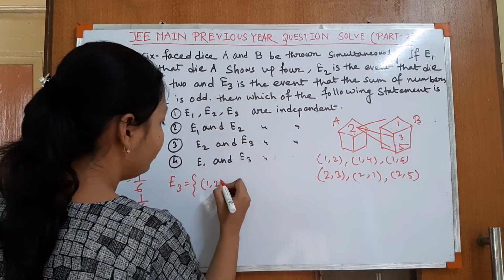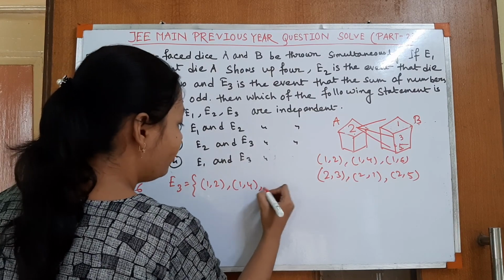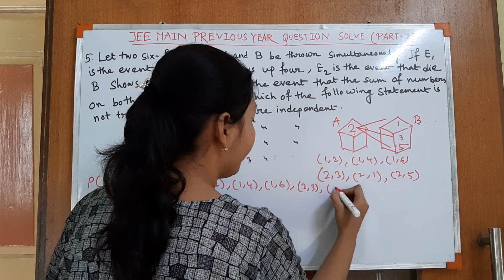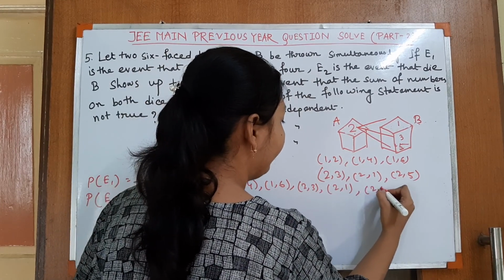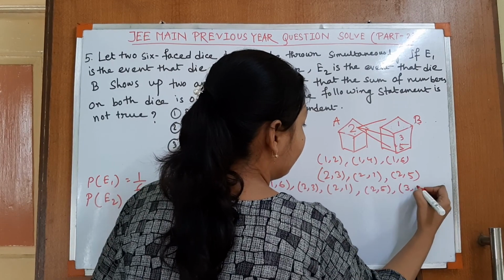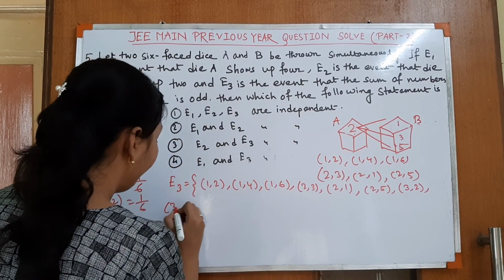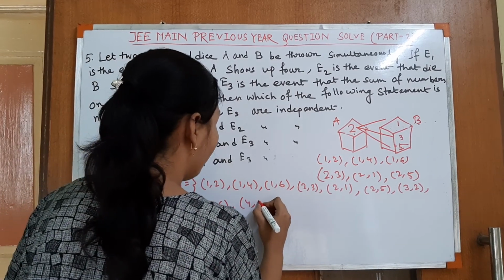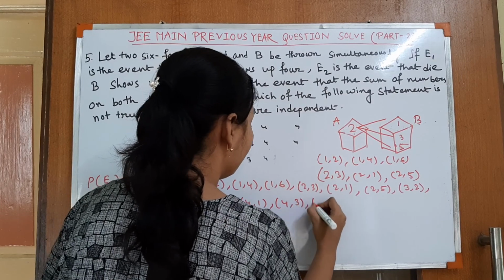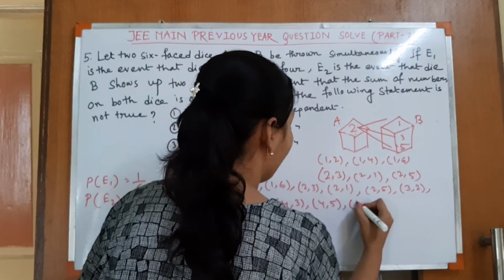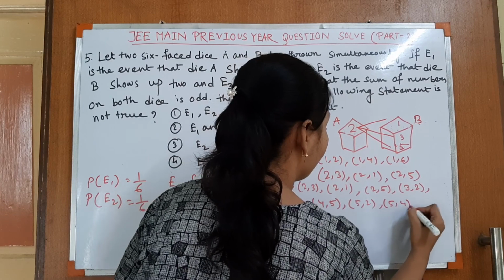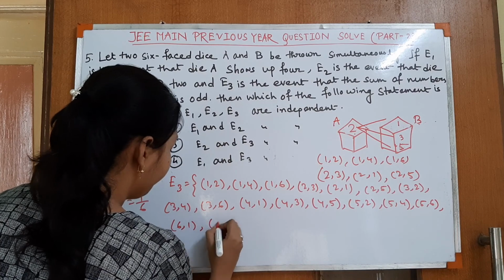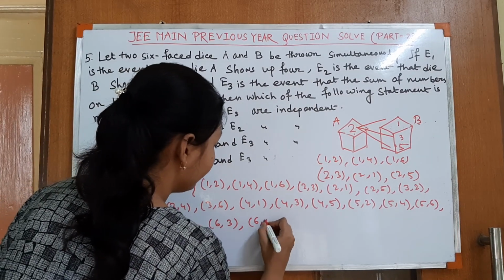That is (1,2), (1,4), (1,6), (2,1), (2,3), (2,5), (3,2), (3,4), (3,6), (4,1), (4,3), (4,5), (5,2), (5,4), (5,6) and (6,1), (6,3), (6,5).